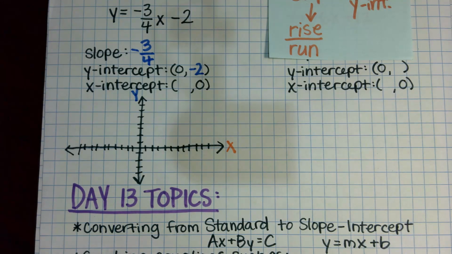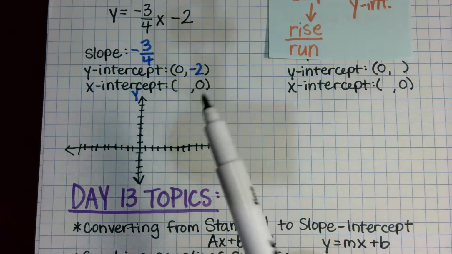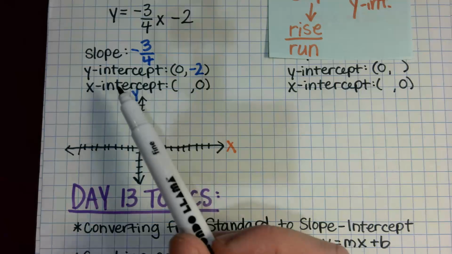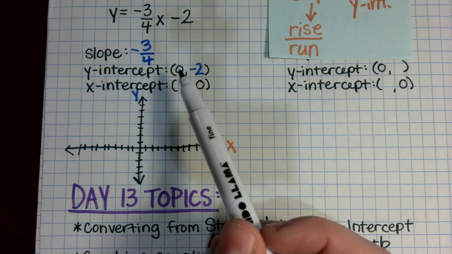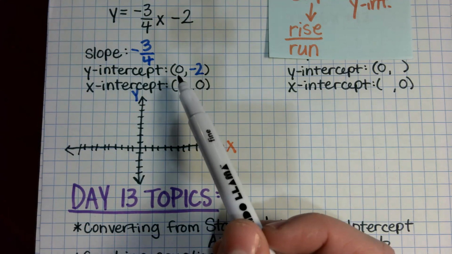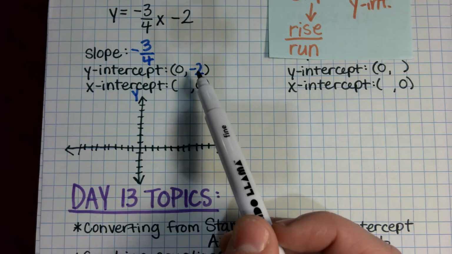All right. Once we've found our slope and our y-intercept, without doing any sort of math problems here, we can already graph this line. Can anybody remember what we should start with to graph this line? 0. Start with 0. Okay, yeah, so let's look at that y-intercept. The x is 0, and the y is negative 2.